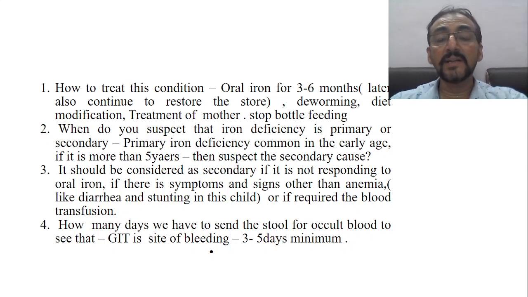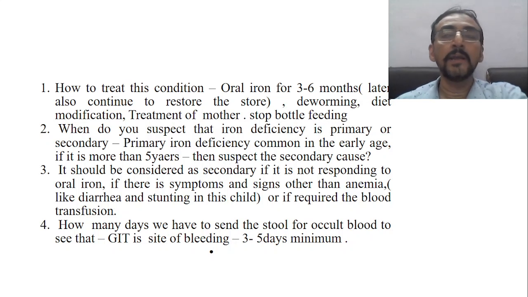When you suspect that iron deficiency is primary or secondary, primary iron deficiency is common in the early age. ठीक है, जो मैंने बताया 2 साल 3 साल 4 साल में early age, and if it is more than 5 years, child is more than 5 years, then always suspect the secondary cause. Okay, then it should be considered as secondary if it is not responding to oral iron.